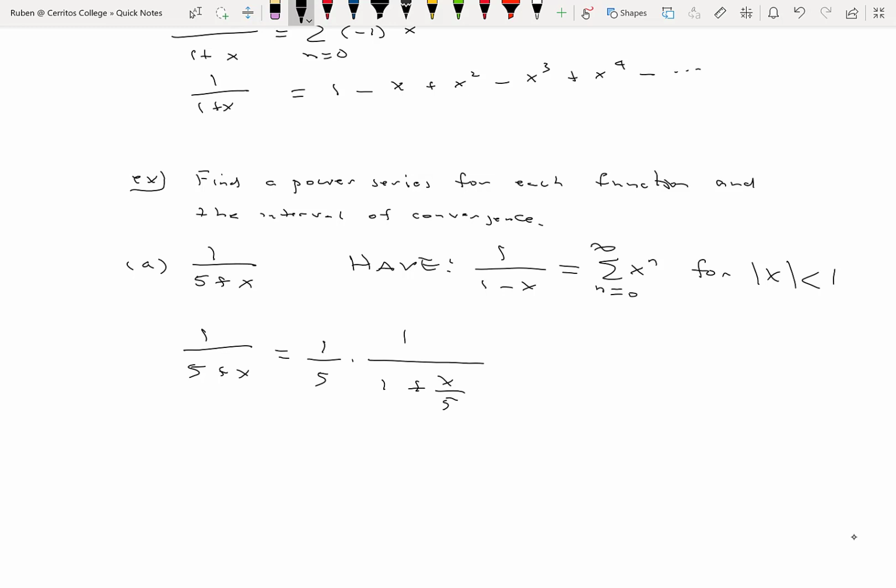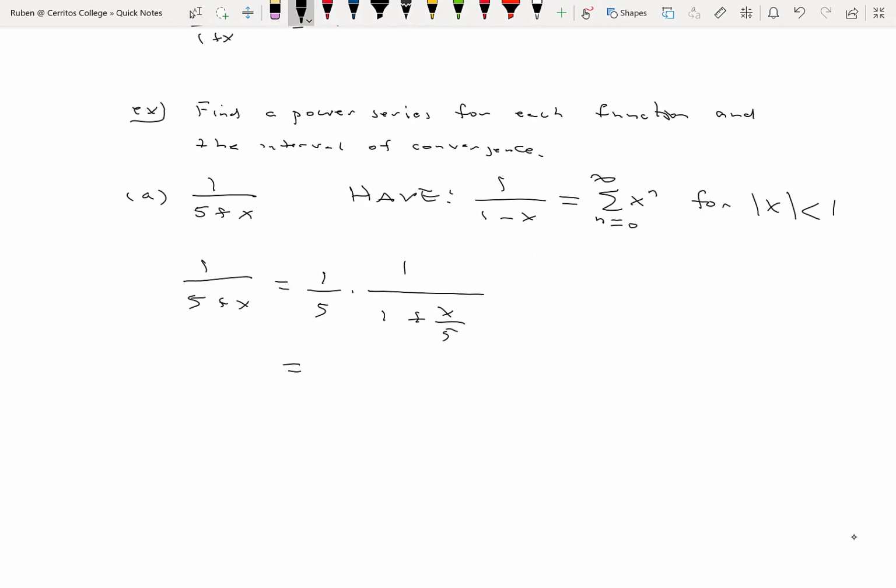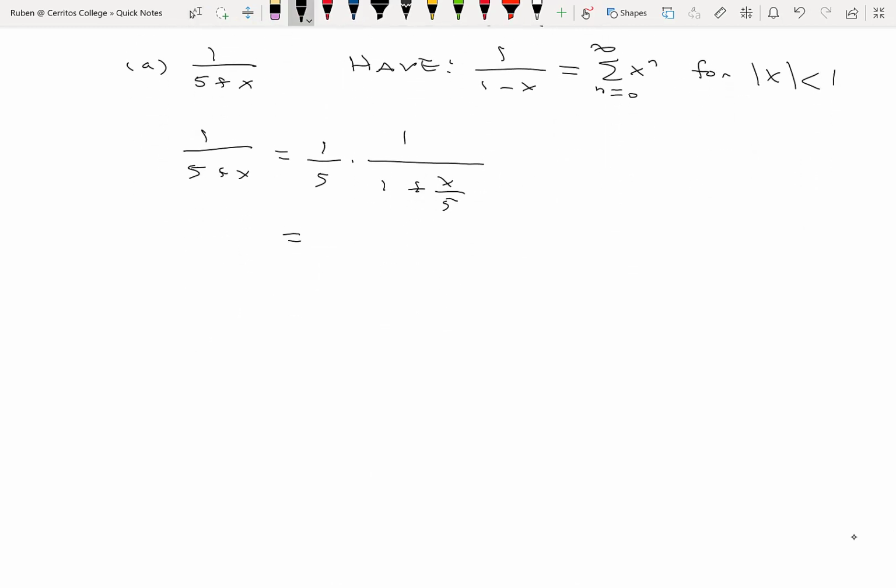That solves one problem and creates another one. If you factor out a 5 from the denominator, you're looking at 1/5 times 1 over 1 plus x over 5. And we have two problems there. The power series we have is for 1 over 1 minus x, and the function doesn't have x over 5, it has x. So try to force our function to fit what we have.